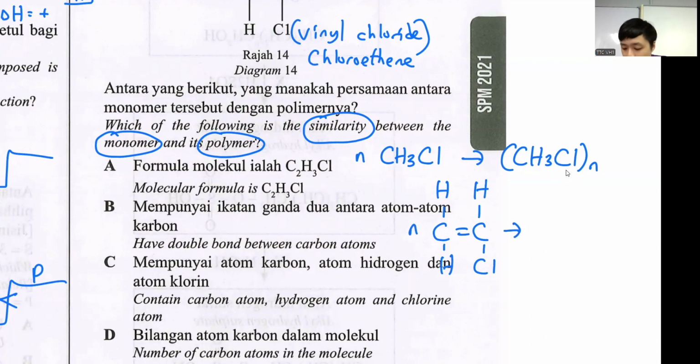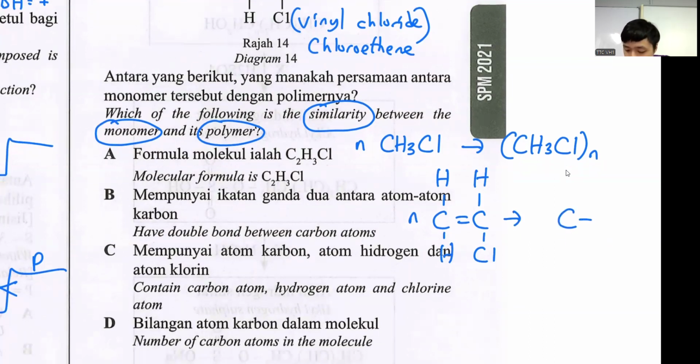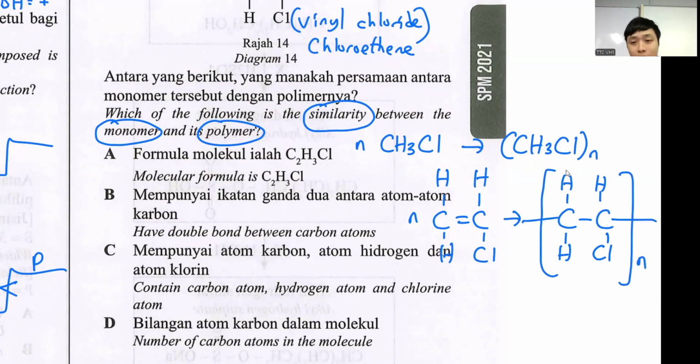When it becomes a polymer, it becomes a single bond. So the monomer has a double bond, the polymer has a single bond. So B cannot be correct. Wrong already, because the polymer is a single bond.